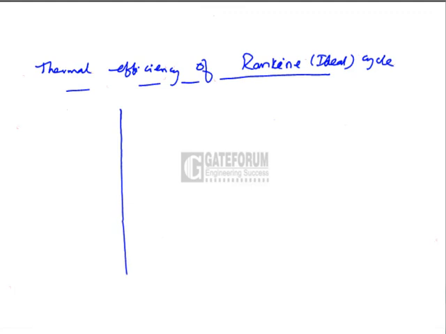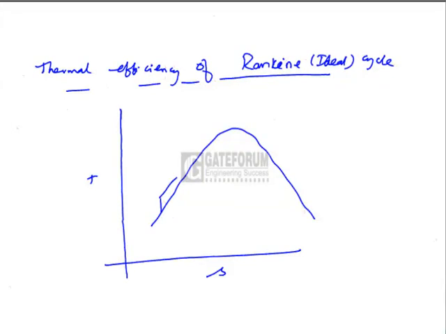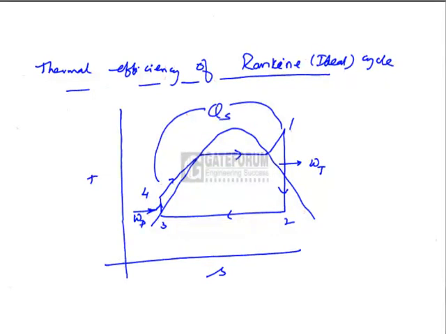Let us draw this cycle on the temperature entropy diagram. 1 to 2 is expansion in the turbine, 3 to 4 is pumping of water where work is needed, 4 to 1 is heat supply in a boiler to feed water, converting it to the high pressure, high temperature SH steam, meaning superheated steam.